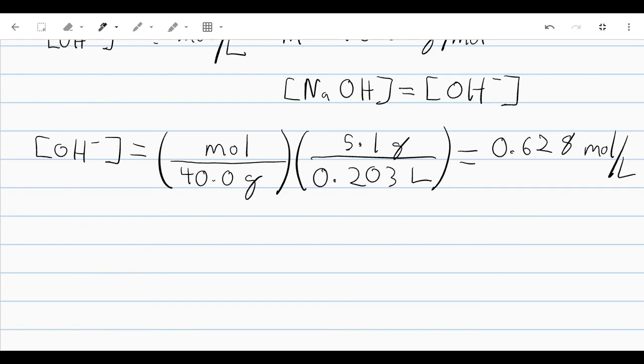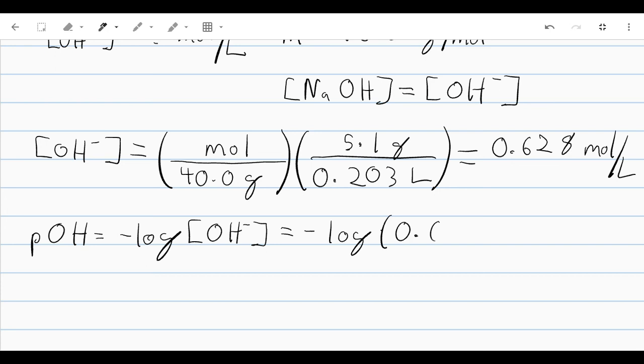So, decently concentrated solution. Next, I need to calculate my pOH. pOH is equal to the negative log of the hydroxide ion concentration. So that will be the negative log of 628 thousandths of a mole per liter.